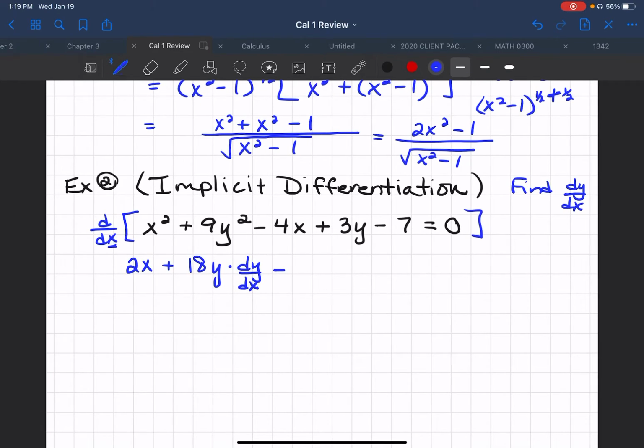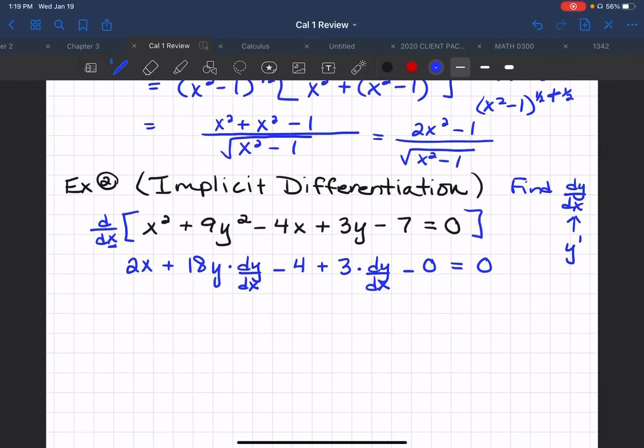And then minus 4x would just be 4, plus 3y would be 3, but then it gets a dy/dx, minus 0 equals 0. You can also, instead of writing dy/dx, do y prime if you want to, but a lot of times that looks like y to the first power, so just be careful about that. So remember, dy/dx is also y prime.